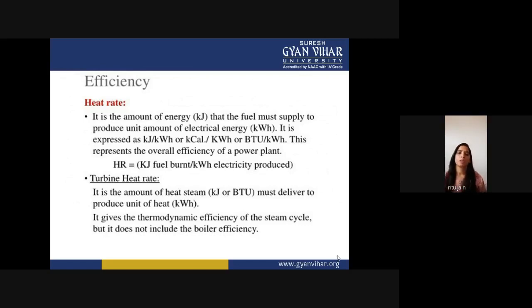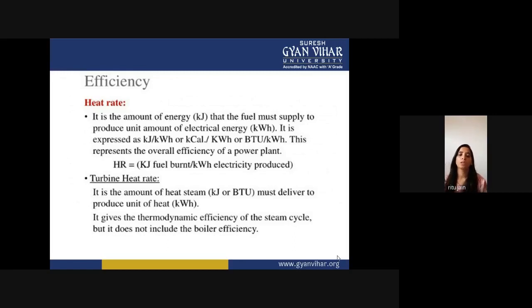you are supplying, suppose, 1 kilojoule, it is the energy that the fuel is supplying, and the production of a unit amount of electrical energy is in kilowatt hour. So it is expressed as kilojoule per kilowatt hour.